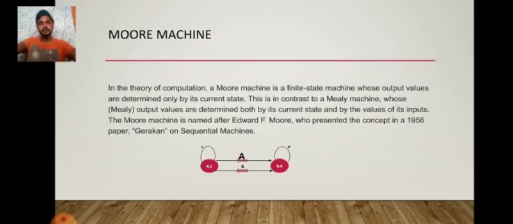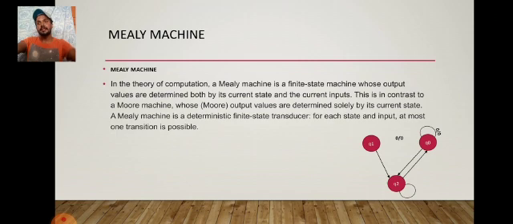So this is the Mealy machine. In the theory of computation, a Mealy machine is a finite state machine whose output values are determined both by its current state and the current inputs. This is in contrast to a Moore machine, whose output values are determined solely by its current state.